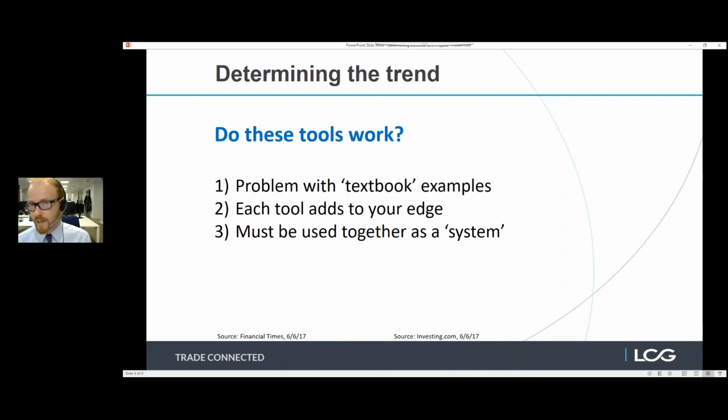The moving averages have to be aligned a certain way, they have to be sloped a certain way, you have to be seeing higher lows and higher highs for an uptrend, etc. If some of those elements aren't in place and you're debating whether to buy or sell, you should know already, because your rules have said, based on these tools, based on these indicators, that you should be either a buyer or seller or neither. That's the idea here.